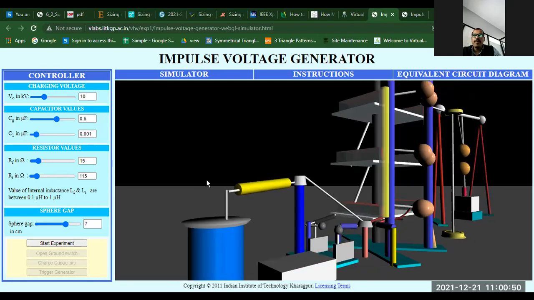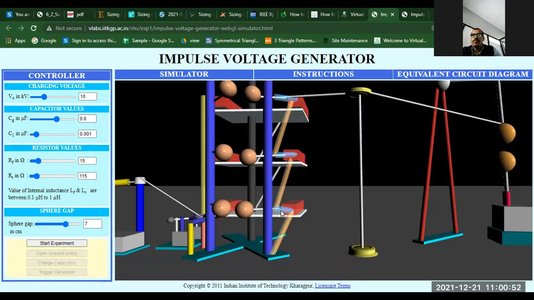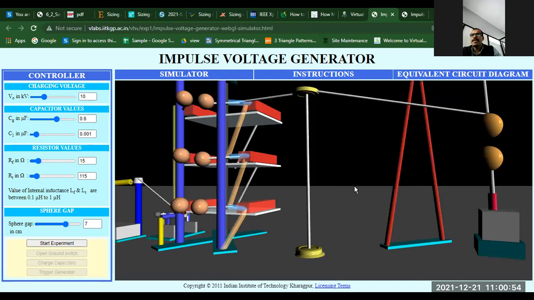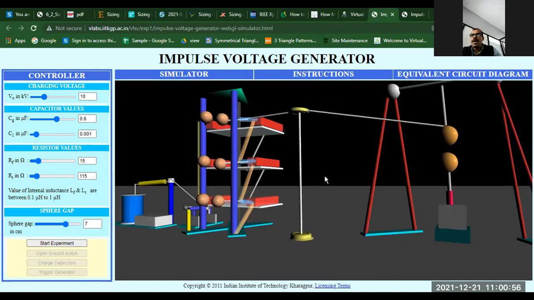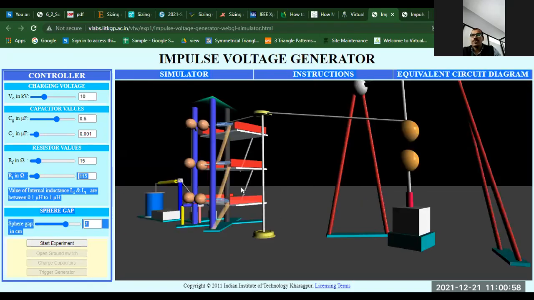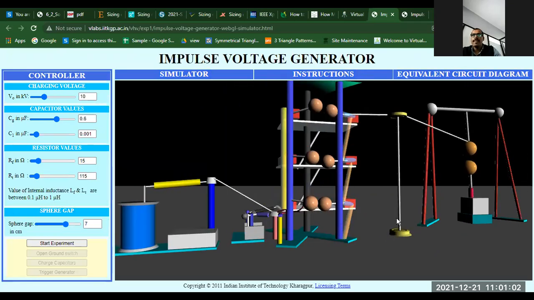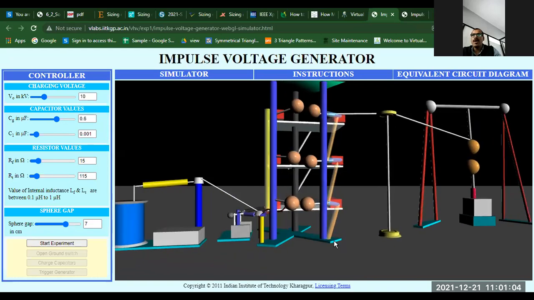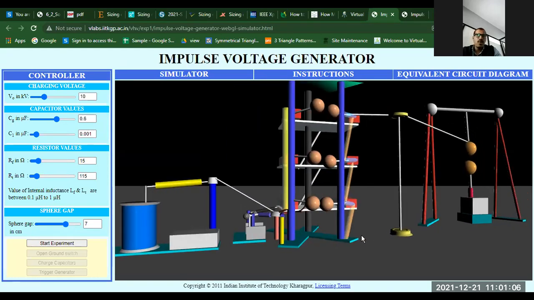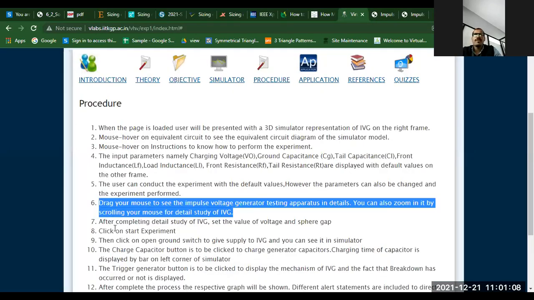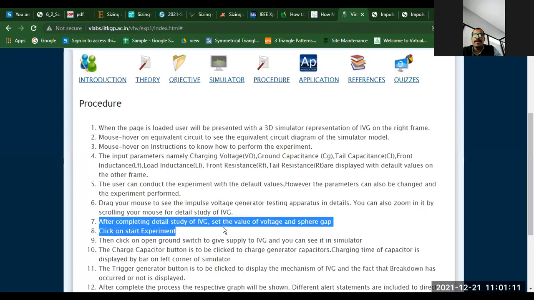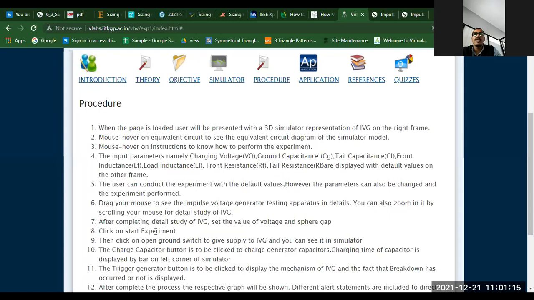It is very simple in front of you, so you can easily understand how it looks. I am just hovering here and there, so you will easily understand how it looks. Now for the further instruction: after completing the detailed study of the IVG, set the value of voltage and spark gap, and click on start experiment.